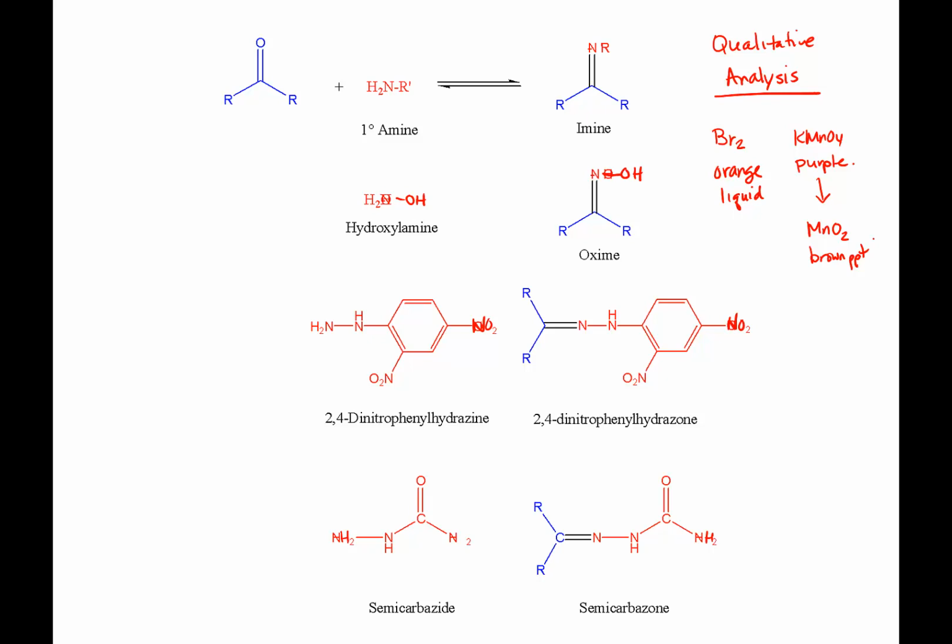So if you think you have a functional group in there that will react, you could add a drop of KMnO4 to it, and if you immediately see the purple color disappear, but a brown precipitate forms, something in there oxidized. Maybe it was a double bond that got cleaved or 2 OH groups added. Maybe it was an aldehyde that immediately got oxidized. So these are examples of qualitative analysis tests.